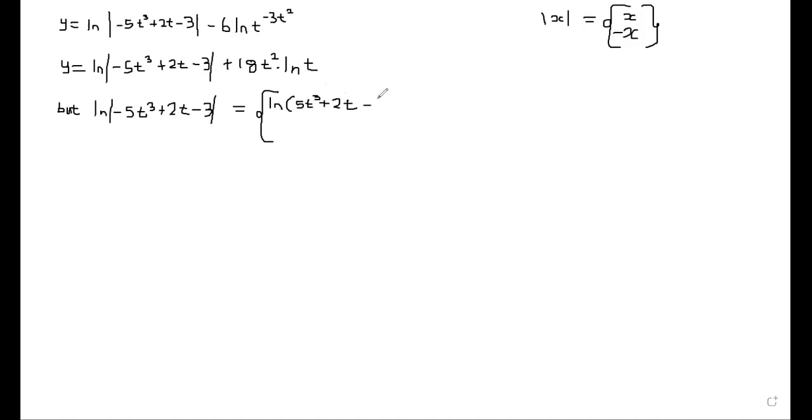So this is what it means. And then ln of minus 5t cubed plus 2t minus 3. As you can see, we've broken down the ln into a positive and a negative part.